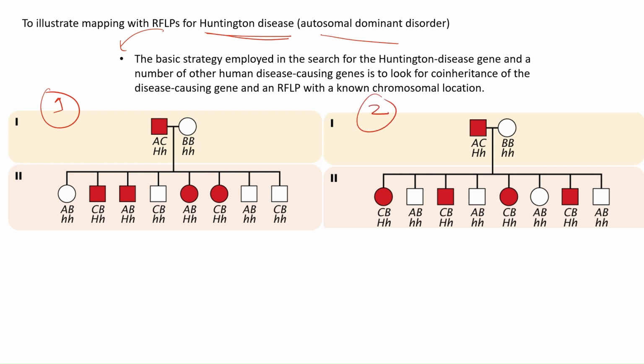If we see pedigree 1, in generation 1, the female parent has the gene B and also has the recessive allele of this disease, small h.